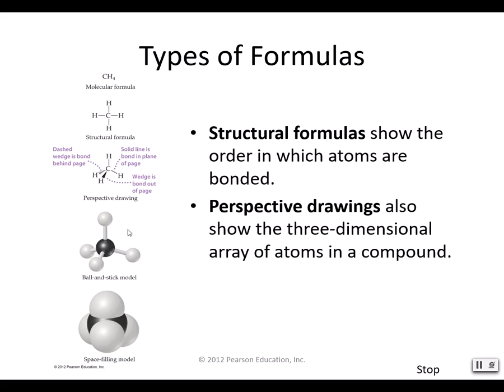For right now, just know the difference between structural and molecular formulas. Molecular formulas tell us the actual number and type of atoms in a molecule, but the structural formula speaks to the shape and the connections that are made between atoms in a molecule.